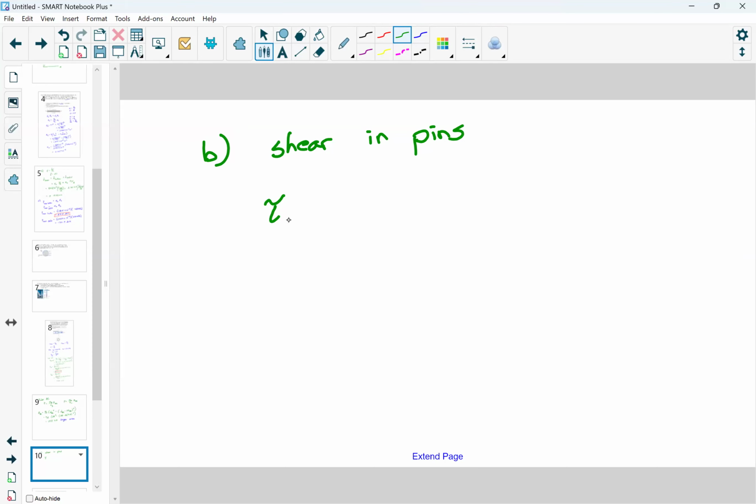So our tau is then going to be the same sigma y over our safety factor. And then tau of u is going to be sigma u over this particular safety factor.